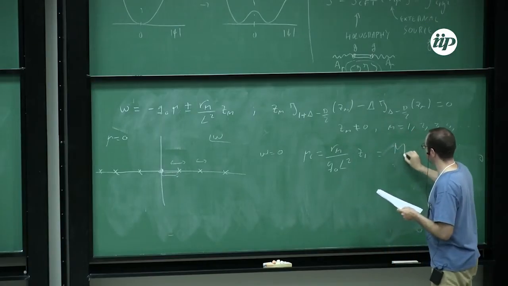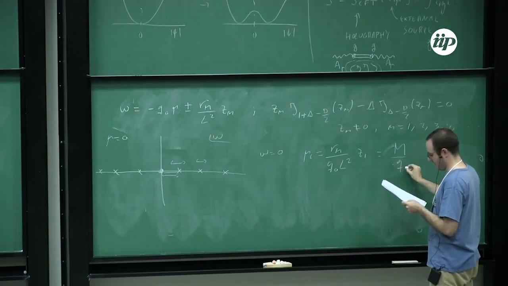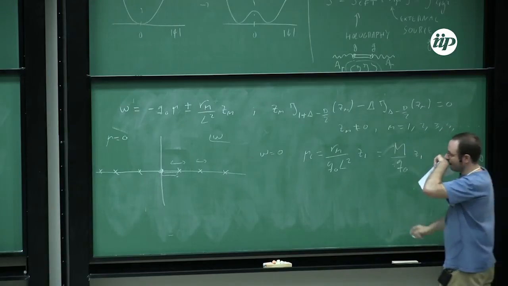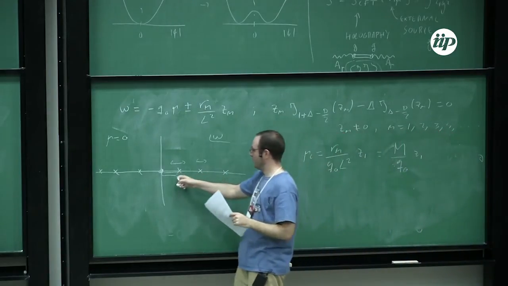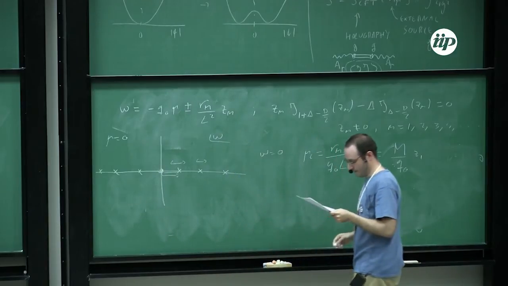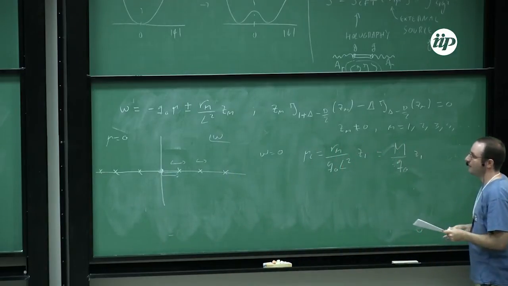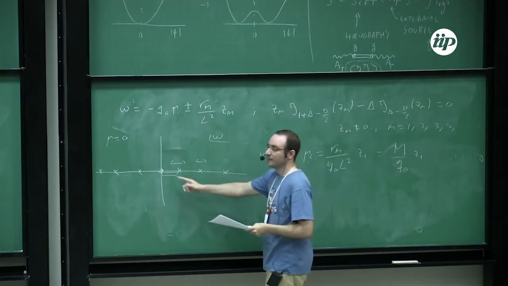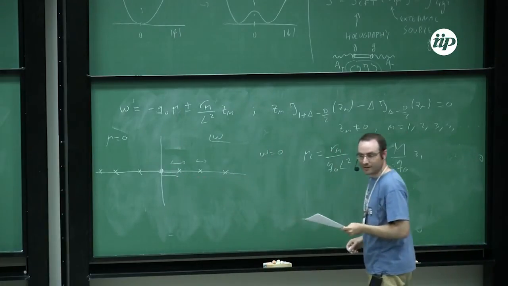And you can write this in terms of the mass in this way, okay? So at this critical value of the chemical potential, this mode reaches the origin. And this is the equivalent thing to the onset of the instability in the black hole.